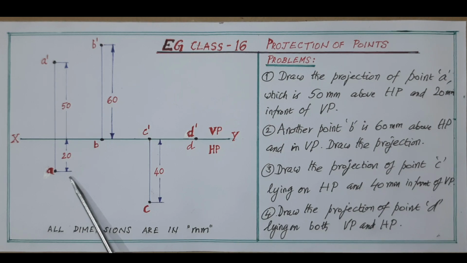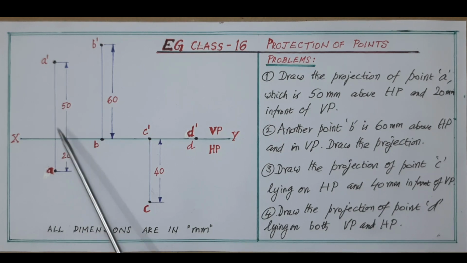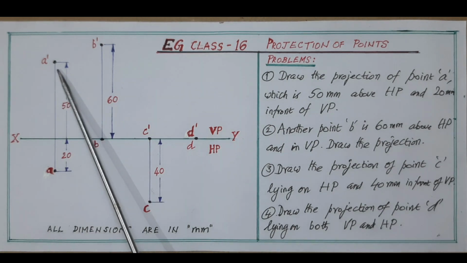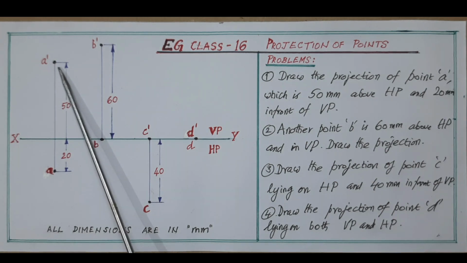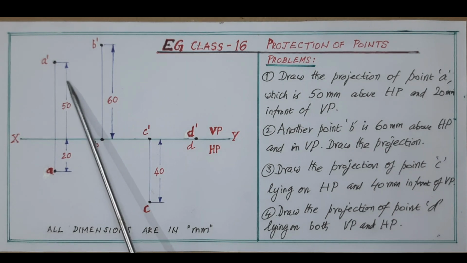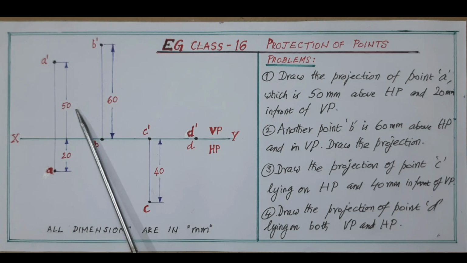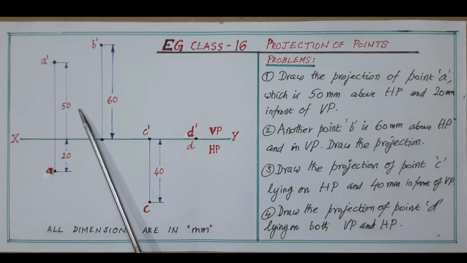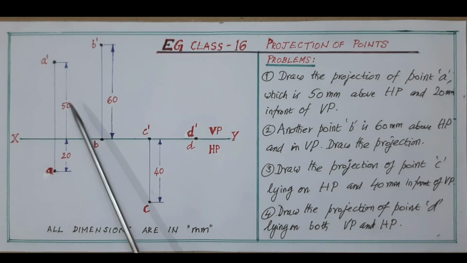Now mark the point as A dash as shown and note the dimensions, that is distance of point that image from the XY line on both planes.